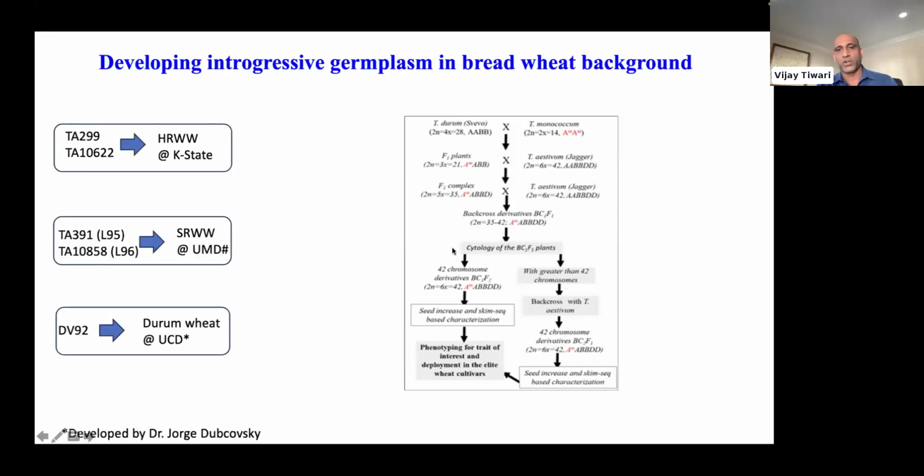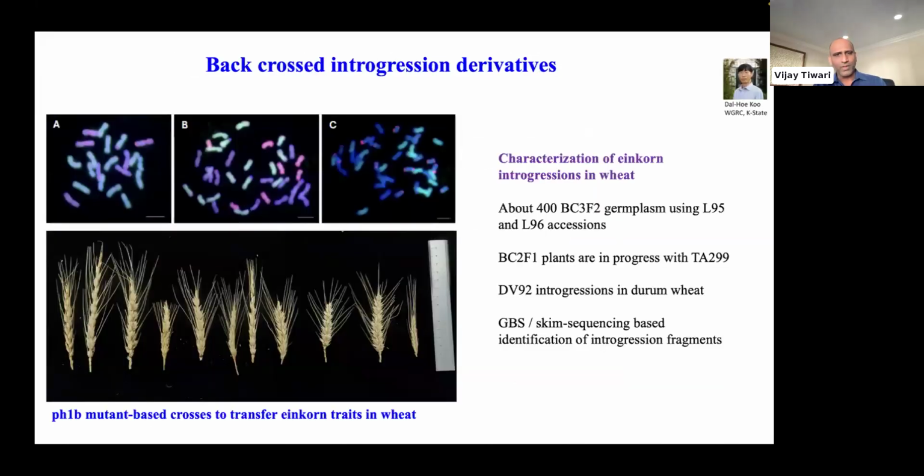So we use this bridge cross scheme to integrate important einkorn regions in our wheat cultivar. Again, I will not go into a lot of detail. Dal-Hoe Koo from WGRC, Kansas State, our co-PI, has painted the chromosomes from where we made a cross of tetraploid wheat with einkorn.